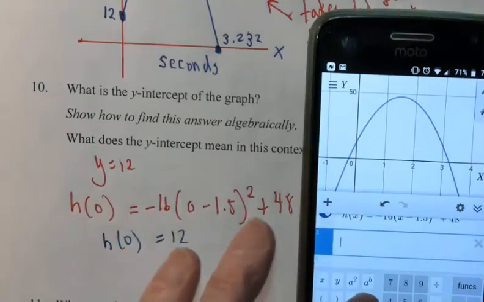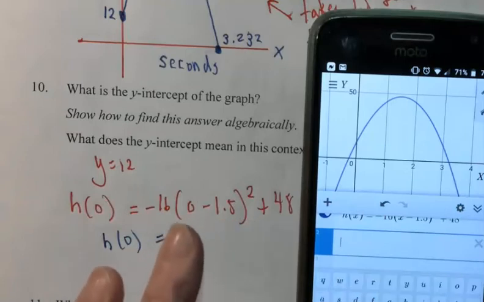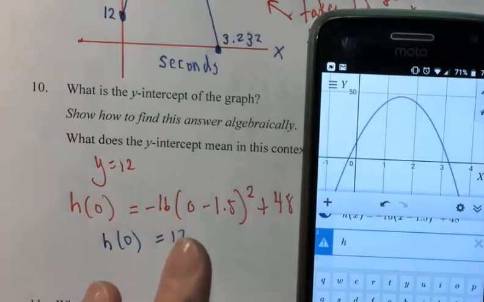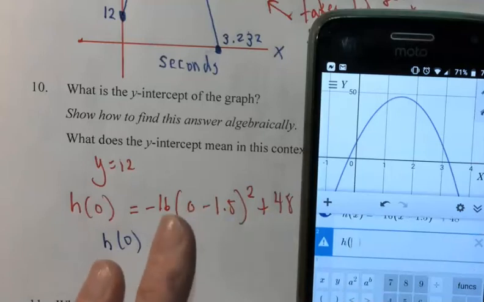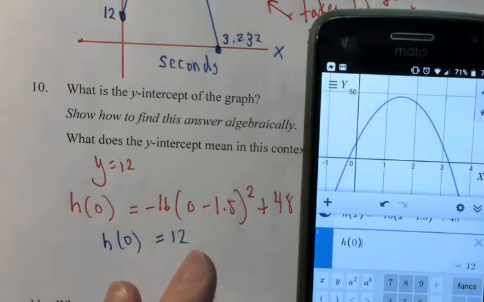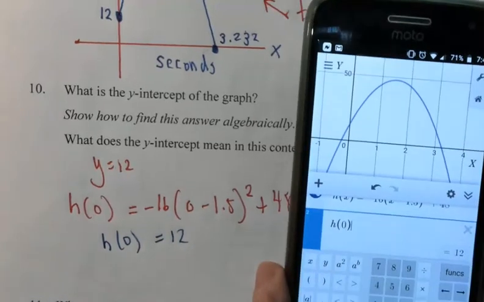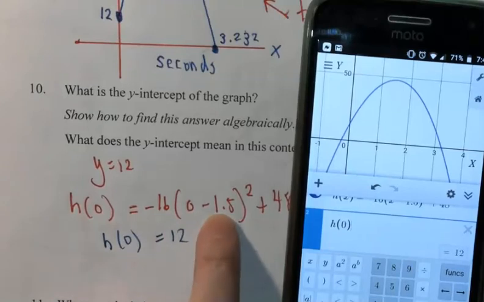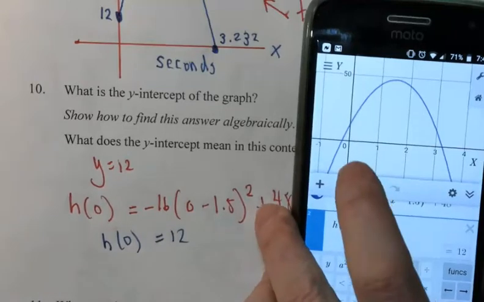So what I want to do is h of 0. And notice it gives me the output 12. So I can do this manually by just typing out this expression, or I can type in a 0 for the x and it will give me the output 12. So either way, that's finding it algebraically.